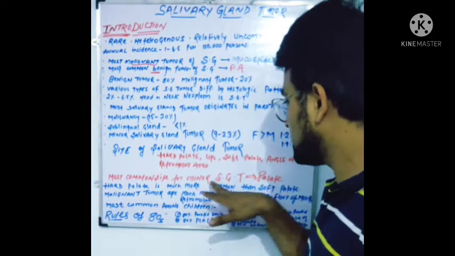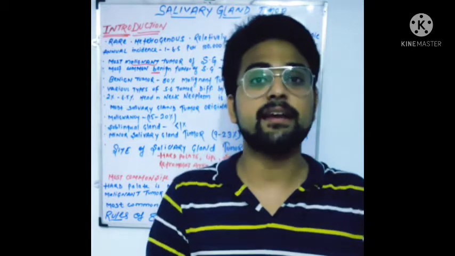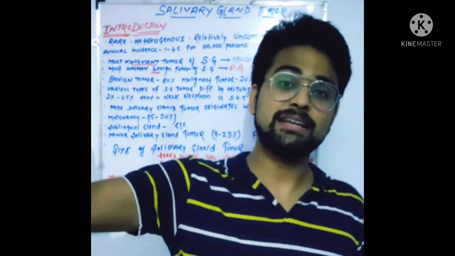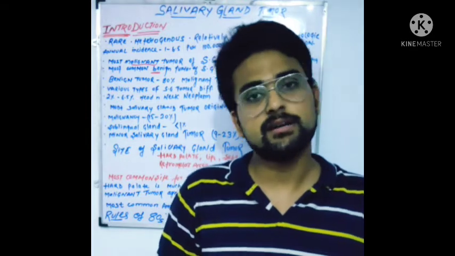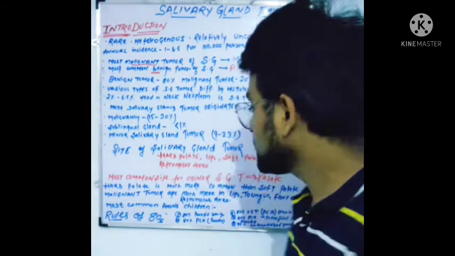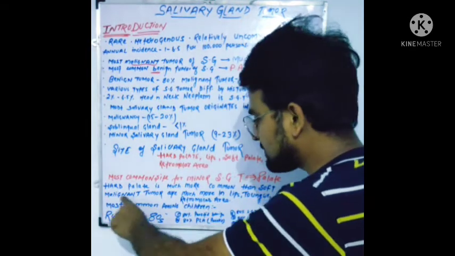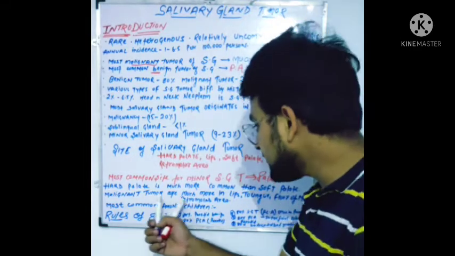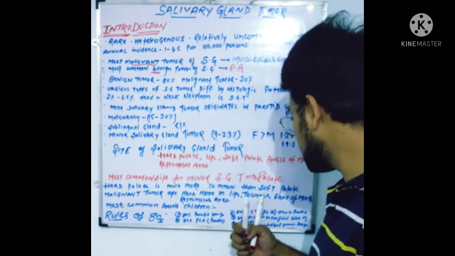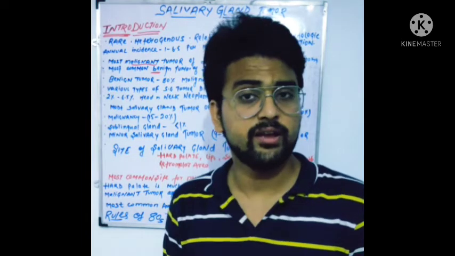Just because the hard palate has more salivary gland openings, so it is more frequently affected with salivary gland tumors. The hard palate is much more common than the soft palate. And one more thing, the malignant tumors are much more in the lips, tongue, floor of mouth, and the retromolar area. Can you answer why?